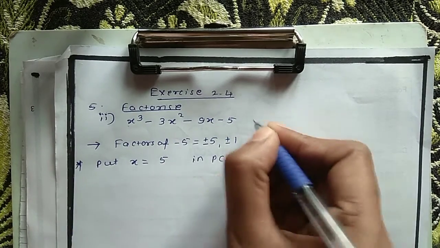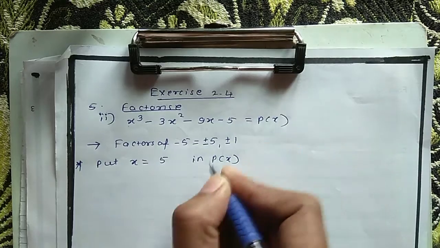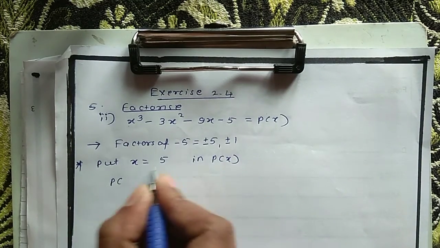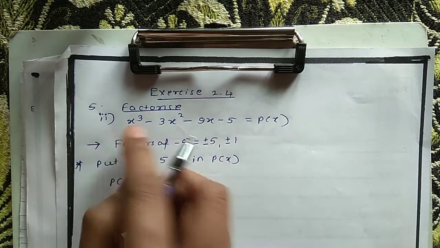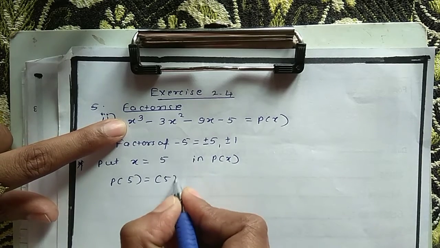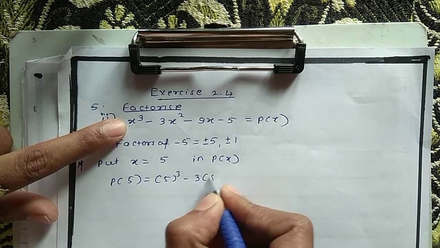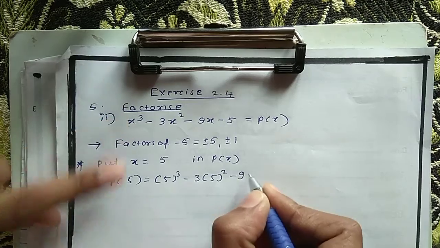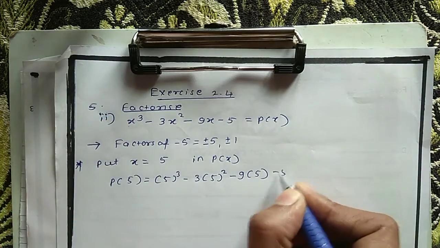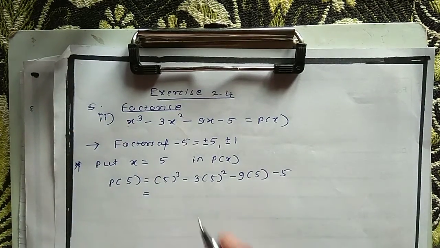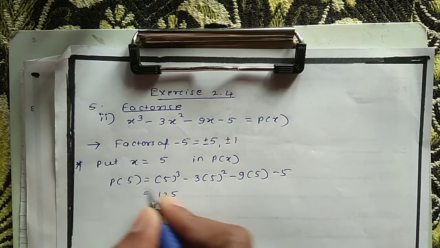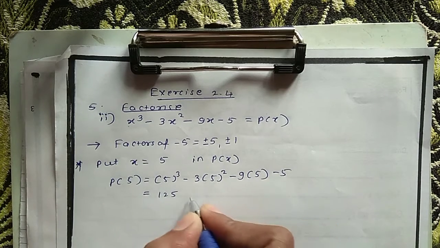We'll take this as p of x. In place of x we put plus 5. So 5 cube minus 3 into 5 square minus 9 into 5 minus 5. 5 cube is 125, 5 fives are 25, 25 fives are 125.